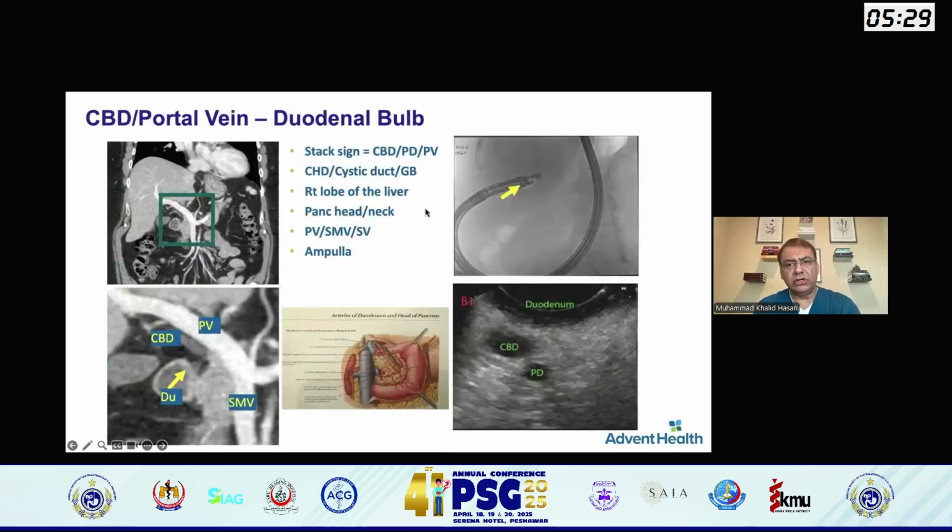Coming to the duodenal bulb, you can see here the scope is resting on the greater curvature. Earlier, your scope was here when you were in the stomach, looking at the pancreas from the top down. Now you're going into the duodenal bulb and looking upwards, which flips your image completely.